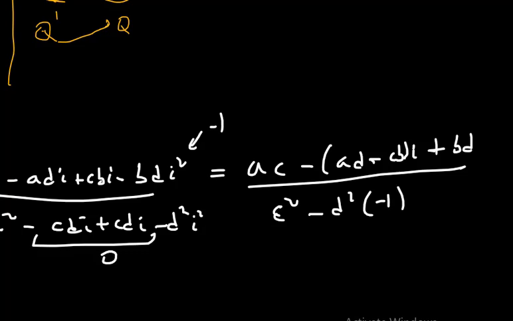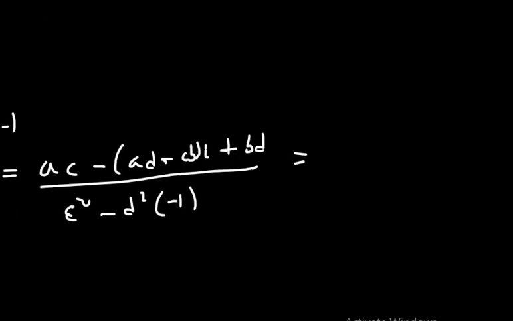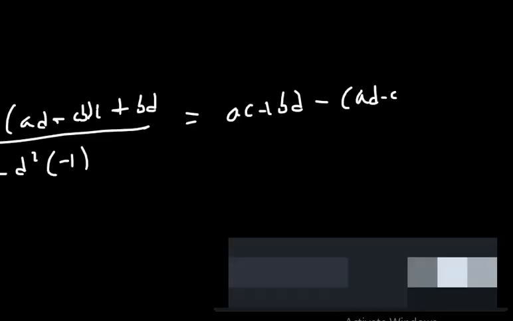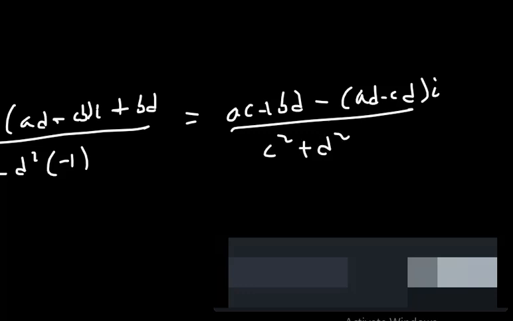So this is the same as ac plus bd plus (bc minus ad)i over c squared plus d squared.